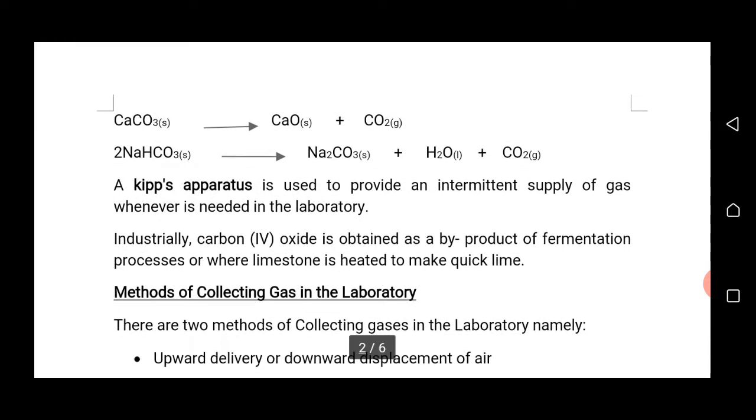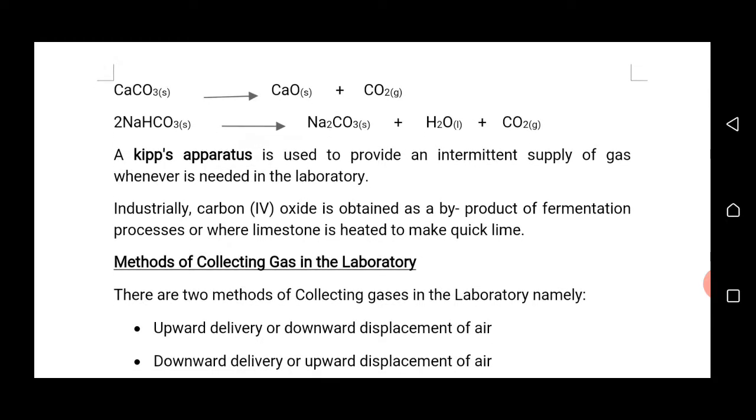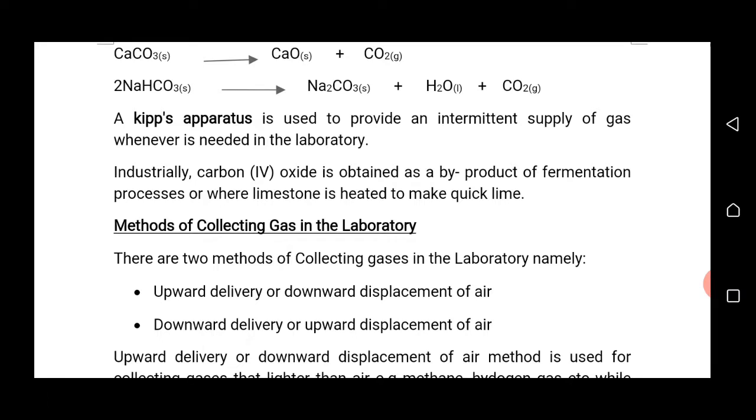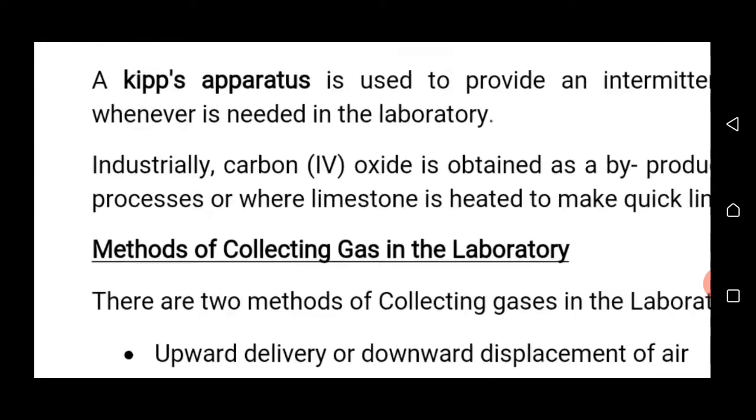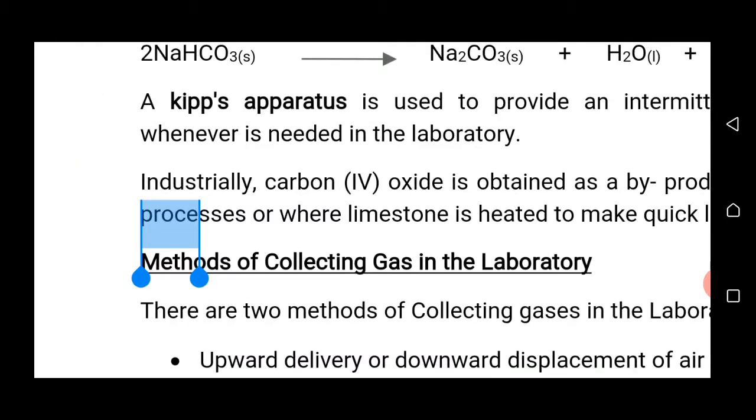So this is the equation of reaction. When CaCO3, that is calcium trioxocarbonate 4, is heated, it produces calcium oxide, that is quicklime, and CO2, carbon 4 oxide. Or when sodium hydrogen trioxocarbonate 4 is heated at high temperature, it produces sodium trioxocarbonate 4, water, and carbon 4 oxide.